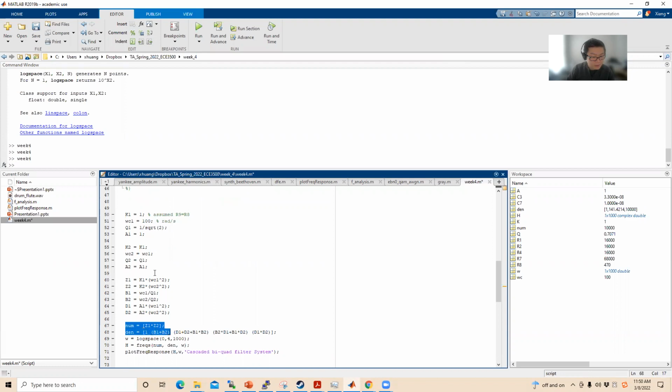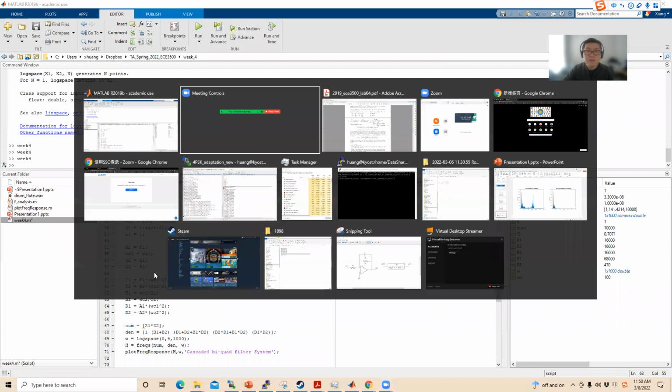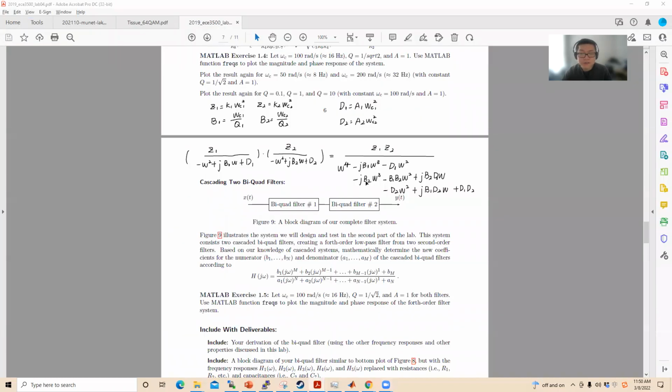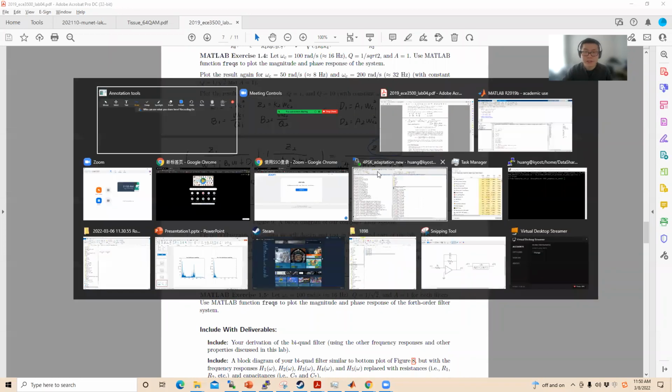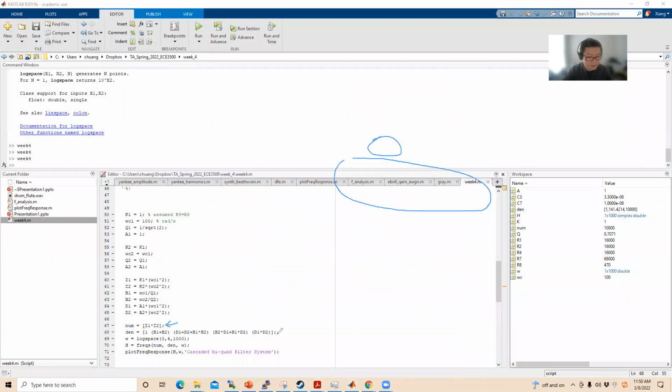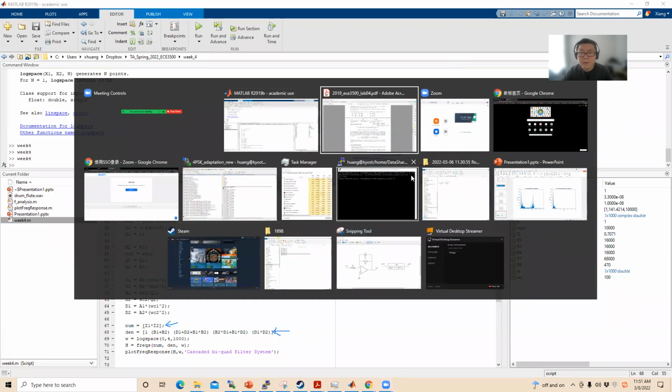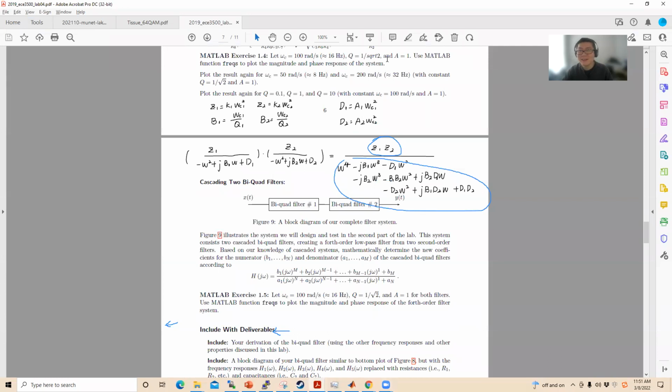This is the final equation, and it totally corresponds to this equation. If you check my part here, I think you can do it by yourself.